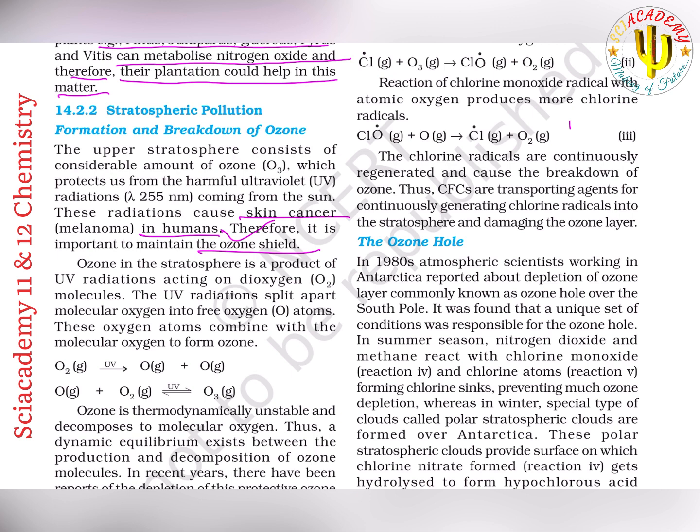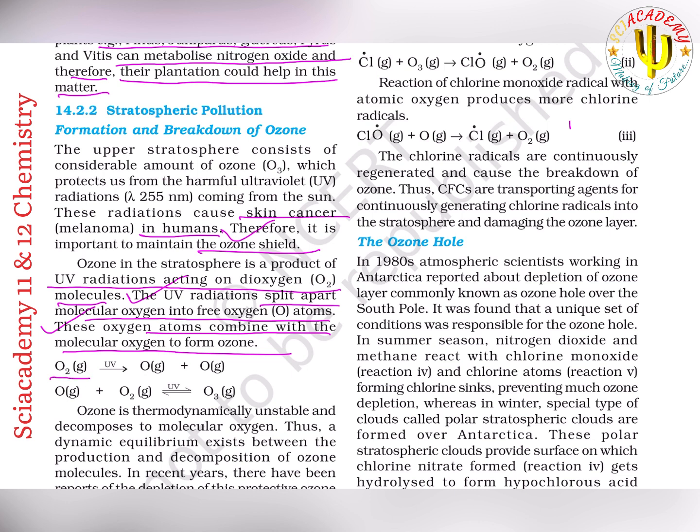Ozone in the stratosphere is a product of ultraviolet radiation acting on dioxygen molecules. The UV radiations split apart molecular oxygen into free oxygen atoms. These oxygen atoms combine with the molecular oxygen to form ozone as given below in the reaction.